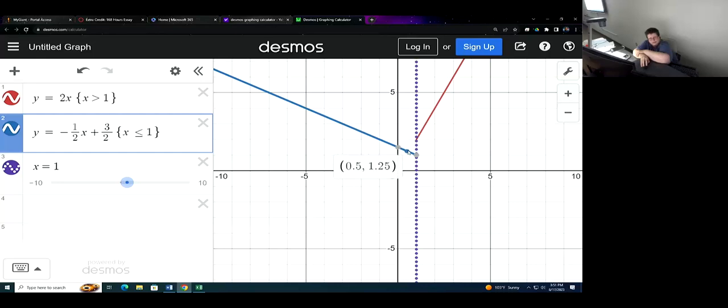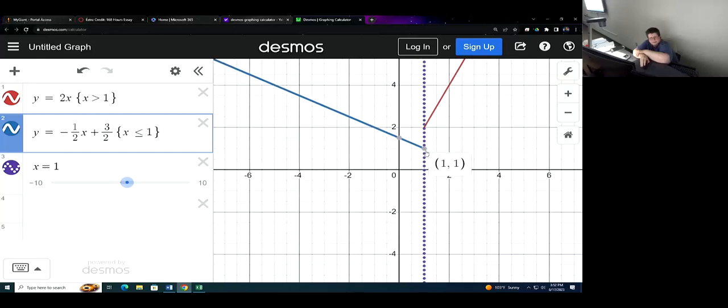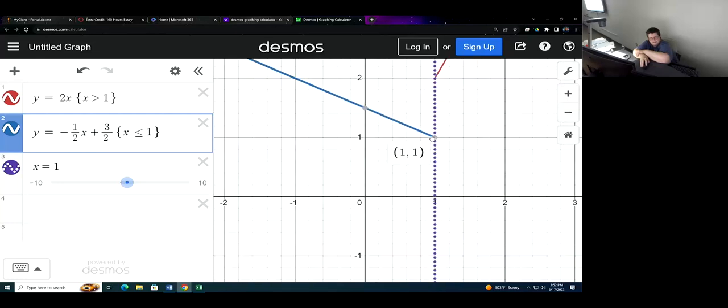And as I get closer to x equals 1, that's too close. Let's see if I can zoom in. I'm getting closer and closer to that point there. The x value right there is 0.98. If I put 0.98 into y equals negative 1/2 x plus 3/2, I'm going to get 1.01.